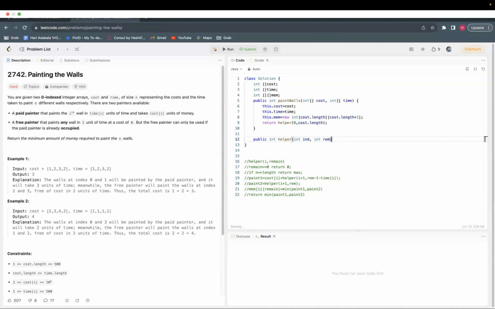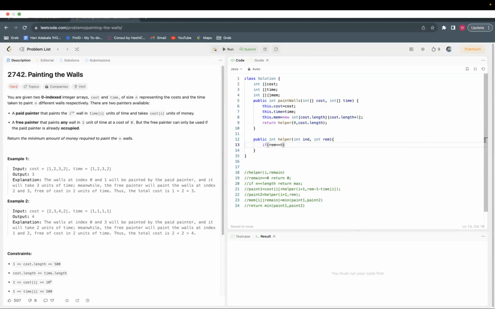If remaining is equal to 0, then we can return 0. I mean, we have painted all the walls, so there is nothing left to paint.